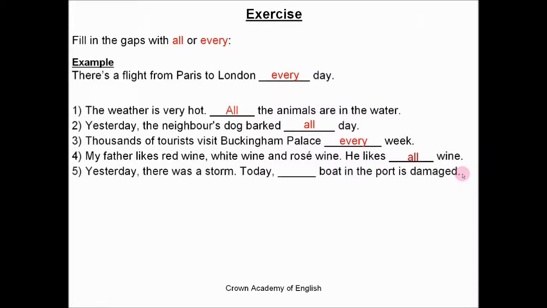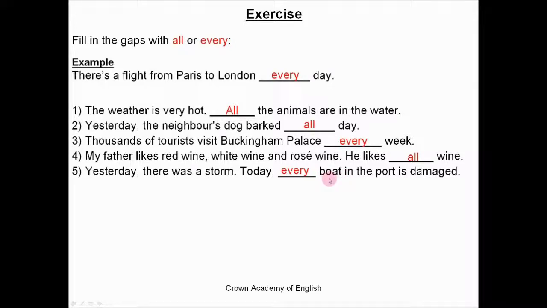Question 5. Yesterday there was a storm. Today every boat in the port is damaged. So here we can see that the noun is in the singular form.